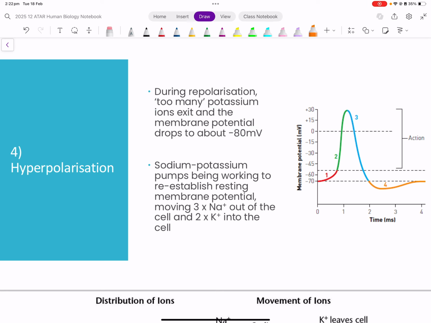The role of this sodium-potassium pump is to re-establish the resting membrane potential. It does this by moving 3 sodium out and bringing 2 potassium in. So a slightly unequal distribution.